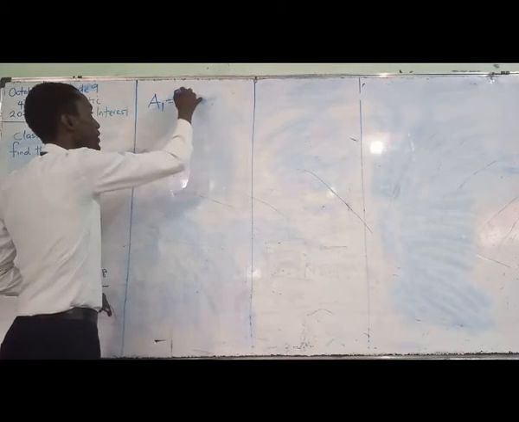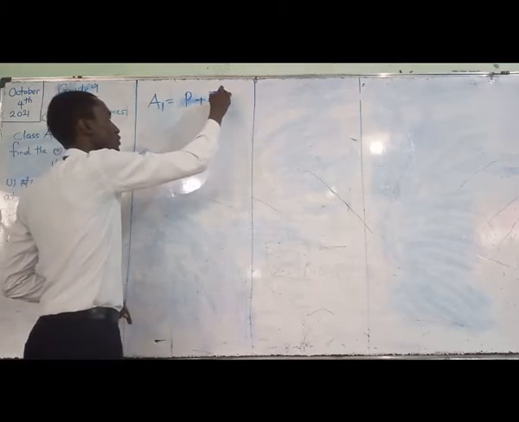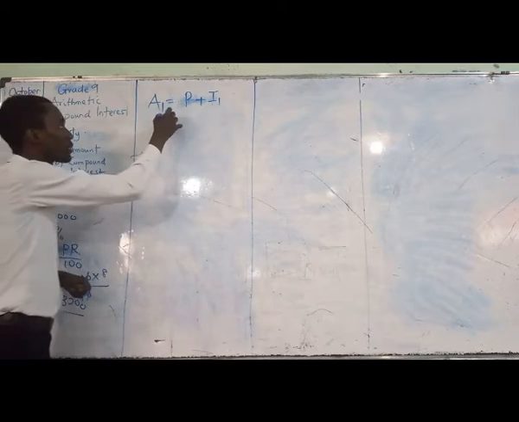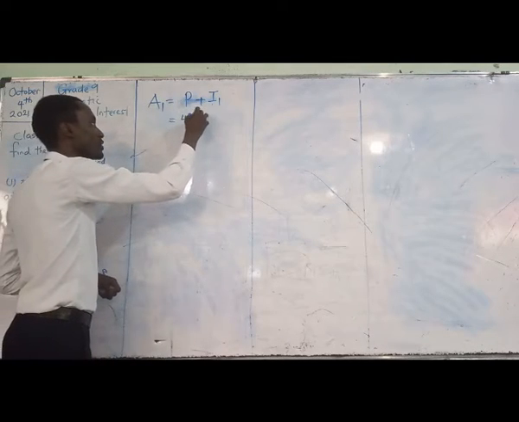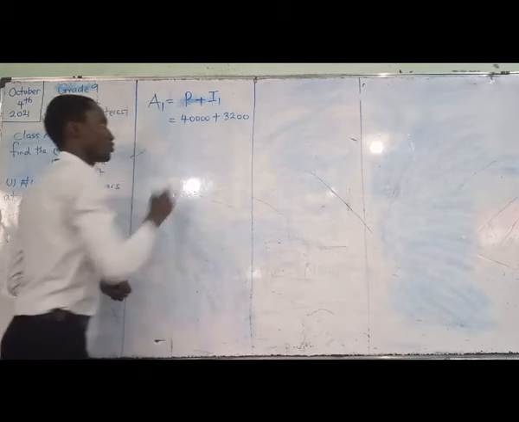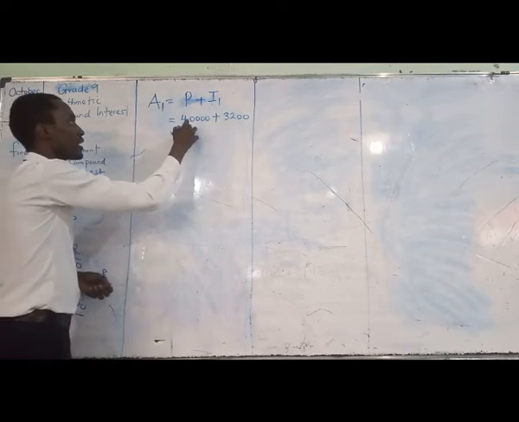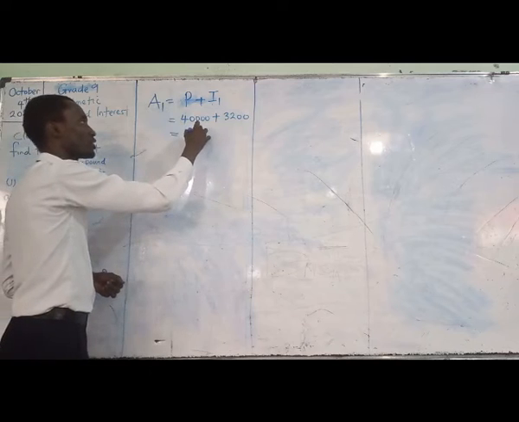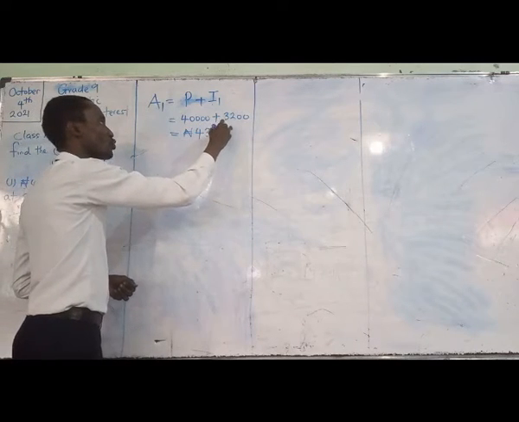So principal plus interest of the first year gives me 40,000 plus 3,200. So when I add this, the amount at the end of the first year will be 43,200.